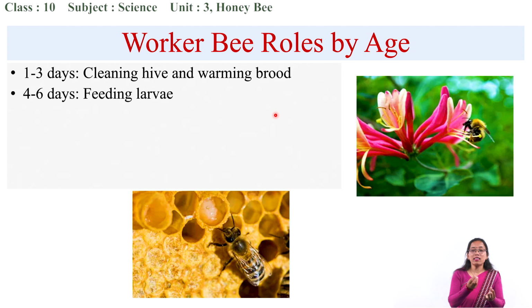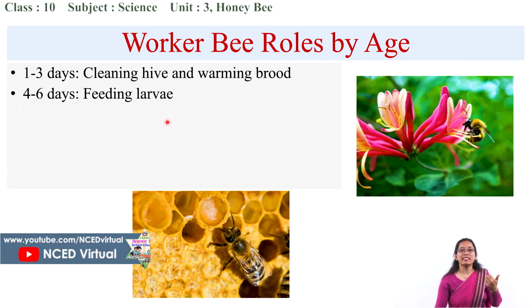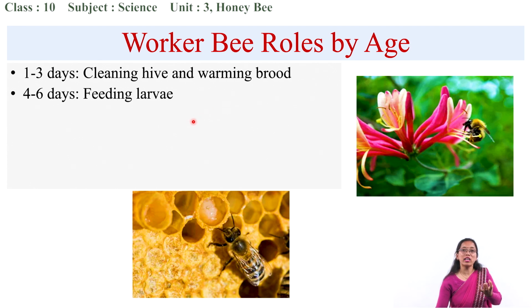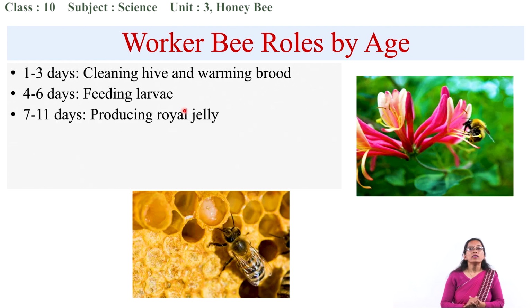The egg turns to larvae in the brood cell. At that time, they feed the larvae. They produce from the gland. There is a royal jelly gland in their head that they use to produce royal jelly, and they feed that royal jelly to the growing larvae of the bees. From 7 to 11 days.